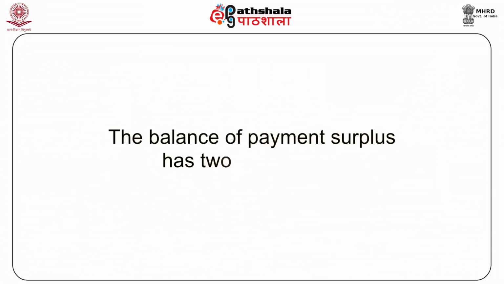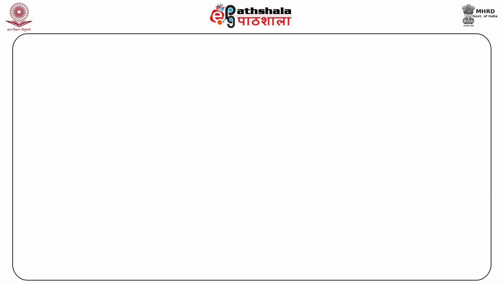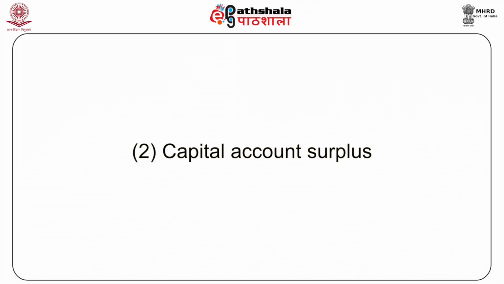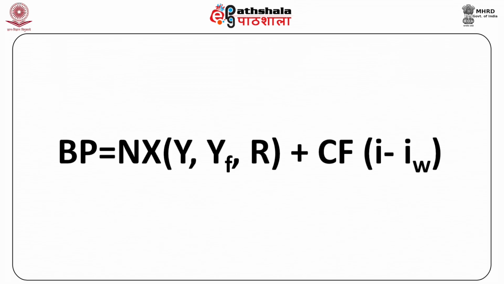The balance of payment surplus has two components. The first one is trade surplus, the second one is capital account surplus. Thus, we can write the equation for balance of payment surplus as BP = NX(Y, YF, R) + CF(i - iW).